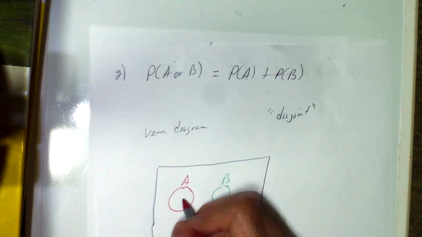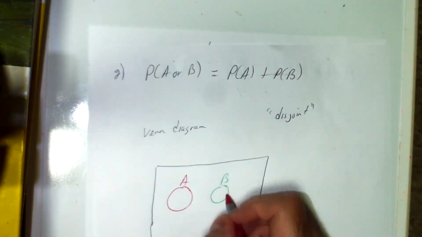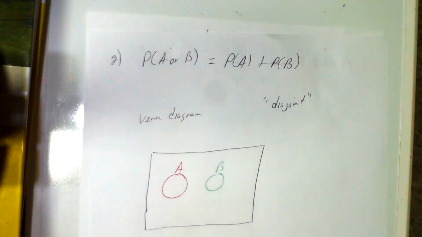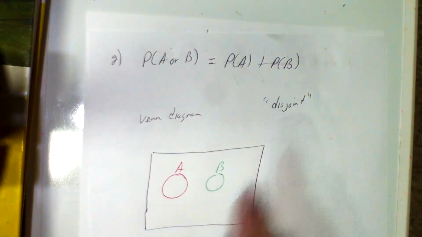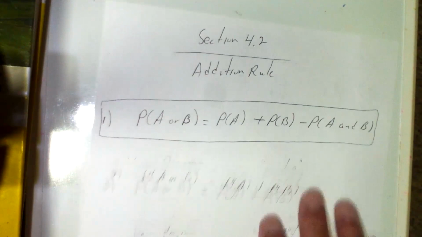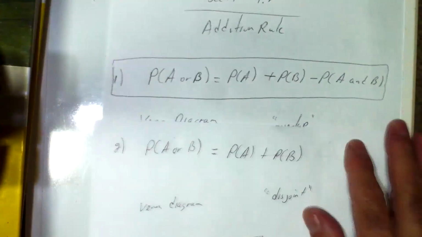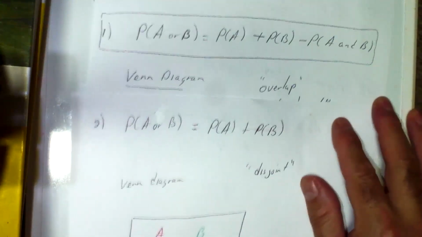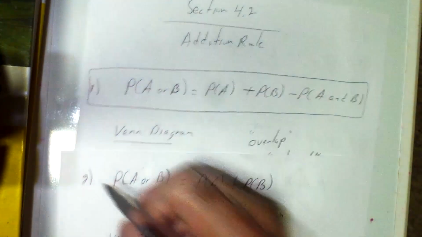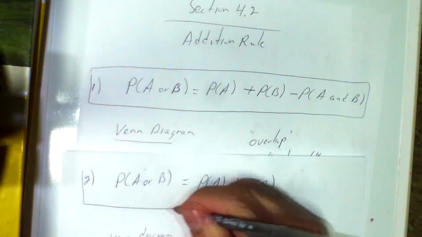They just stick with Ford. They stick with Chevys. They're just going to stick to their own kind of car. That's disjoint. Right, so we have disjoint and we have overlap. Those are the 2 formulas that we're going to be using for our addition rule.